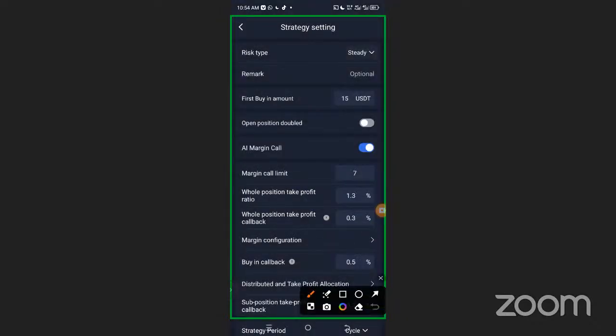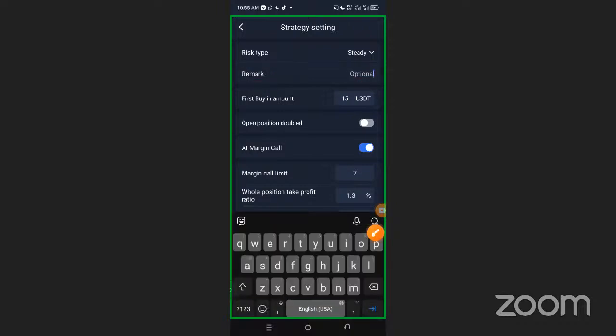After putting steady, then come to this word Remark. Remark means naming, or giving a name to the strategy. Click on this word Optional. Name the strategy as you are saving it so that you cannot be confused when you are choosing the strategy. The strategy is Bye-bye poverty.